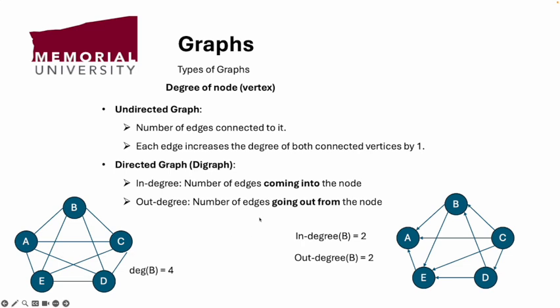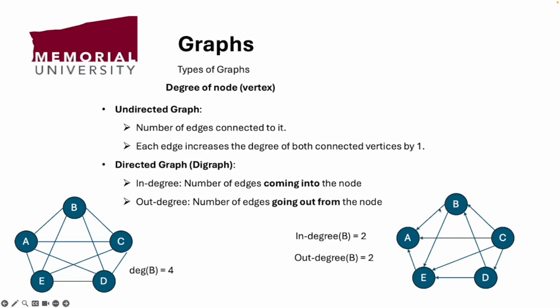And for directed graphs, you define the direction, so a directed graph has two types of degree. One is the in-degree, the number of edges coming into the node. Also the out-degree, the number of edges going out from this vertex. Let's still use B in this graph.